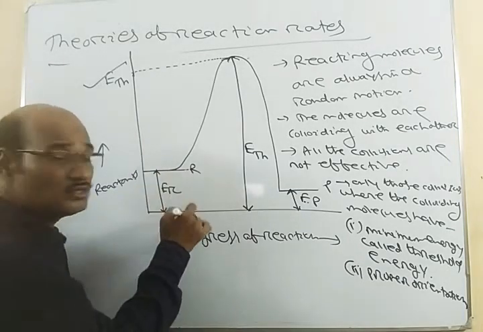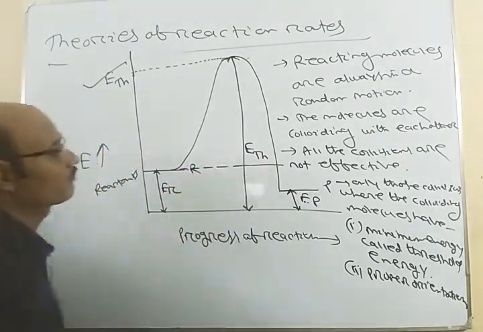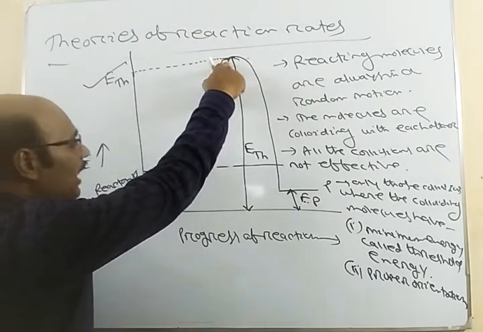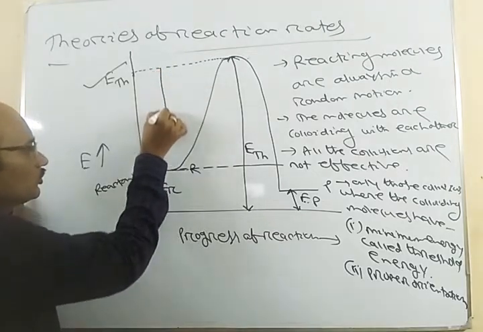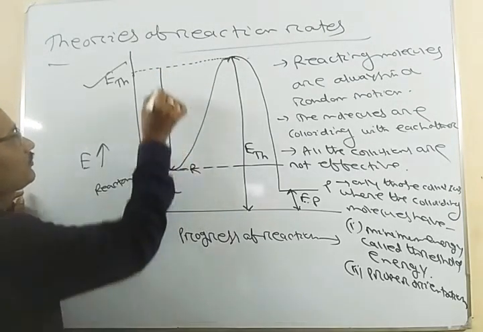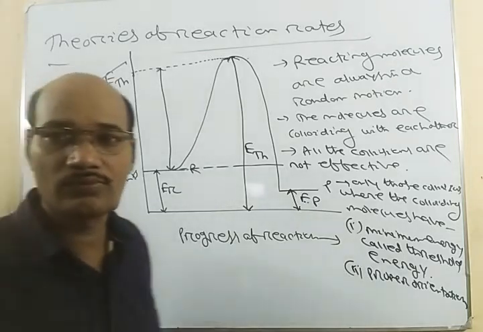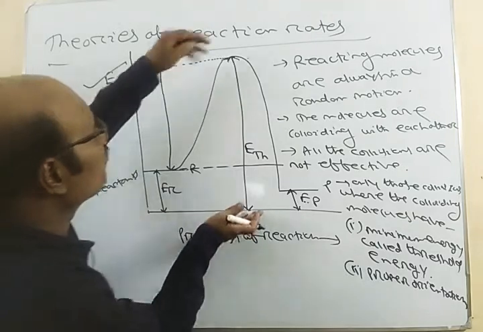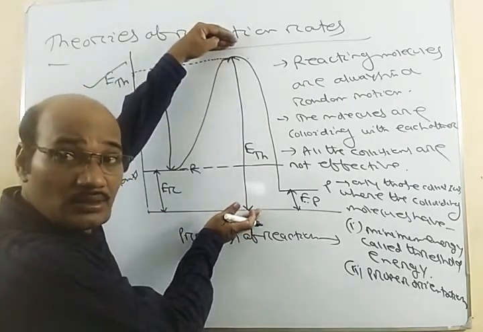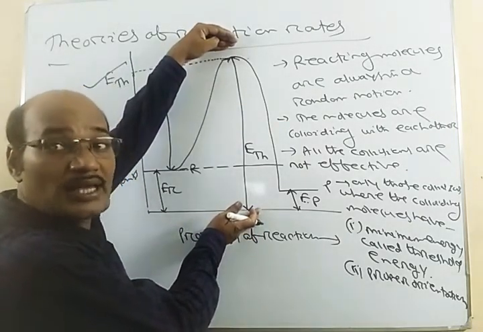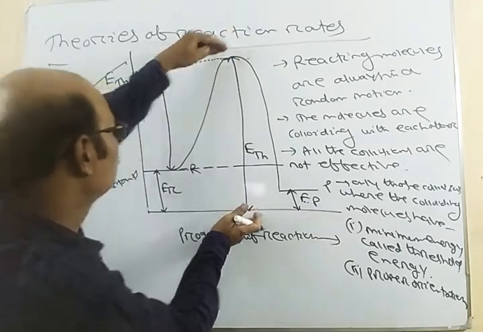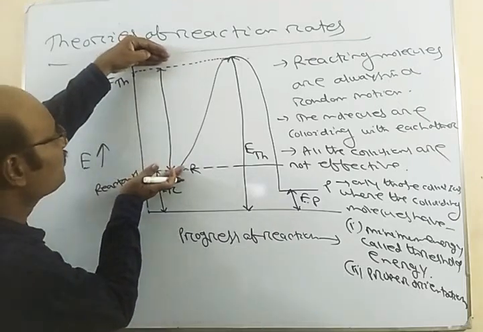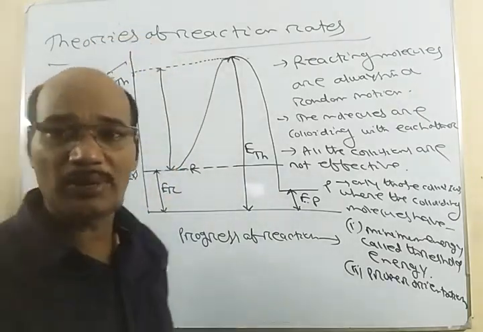Because the reacting molecules are at this level and they have to reach this one, so I have to supply this much amount of extra energy. Already we have ER, and when we have ETH, then the collision will be effective. For this purpose we have to supply this much extra energy.